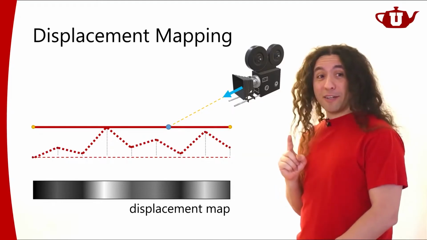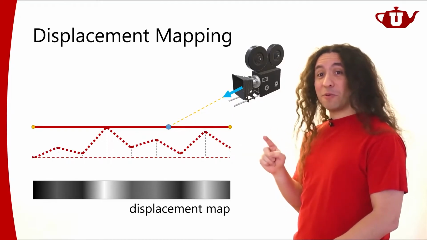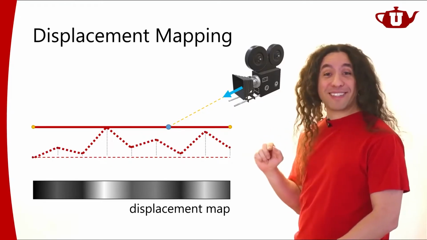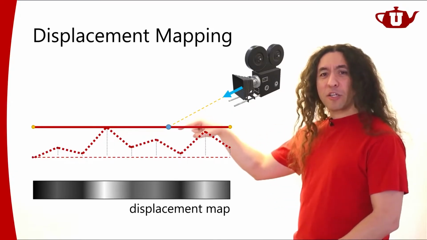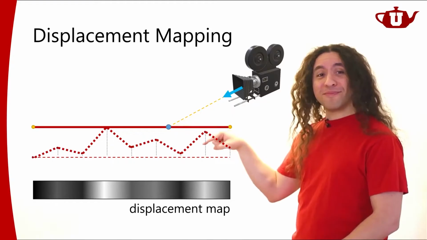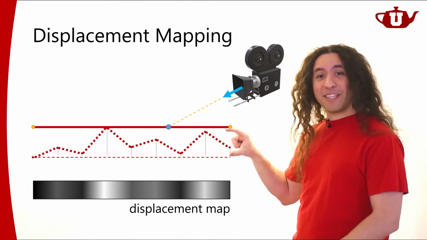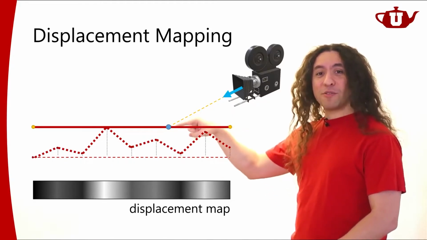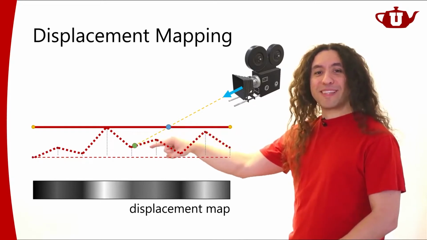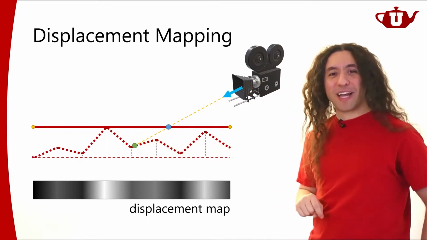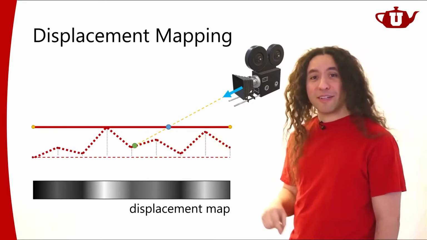Inside my fragment shader, I can actually do some sort of ray tracing. It's not exactly the same kind of ray tracing, but I can go deep into this volume underneath the surface, and continue tracing that view direction until I find the intersection with the surface that I actually want to shade, that I actually want to render.